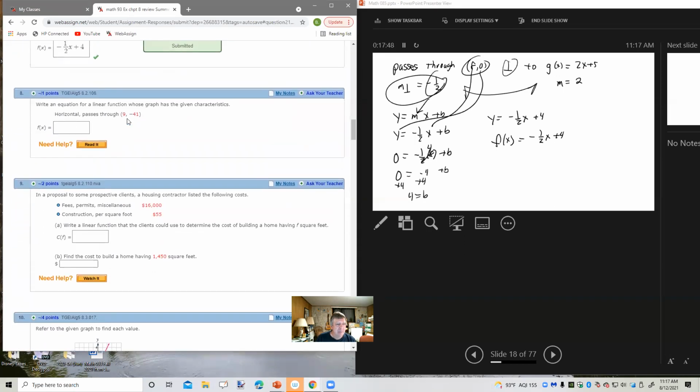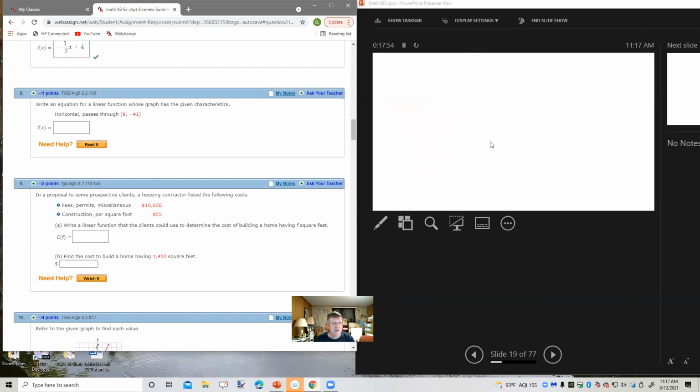Okay. Write an equation for a linear function whose graph has the given characteristics. It's horizontal, passes through the point (9, -41). All right. Horizontal. Well, the equation of a horizontal line would have to be y equals a constant, or y equals a number.